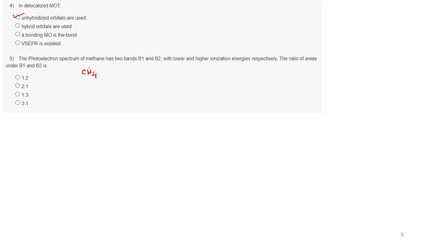That means B2 is energetically in a lower position. If I draw like this, your B1 is here and B2 is here. That is why B1 has a lower ionization energy and B2 has a higher ionization energy. Whenever we draw this kind of MO for CH4, we work with a SALC, symmetry adapted linear combination, of 4 hydrogen atoms.